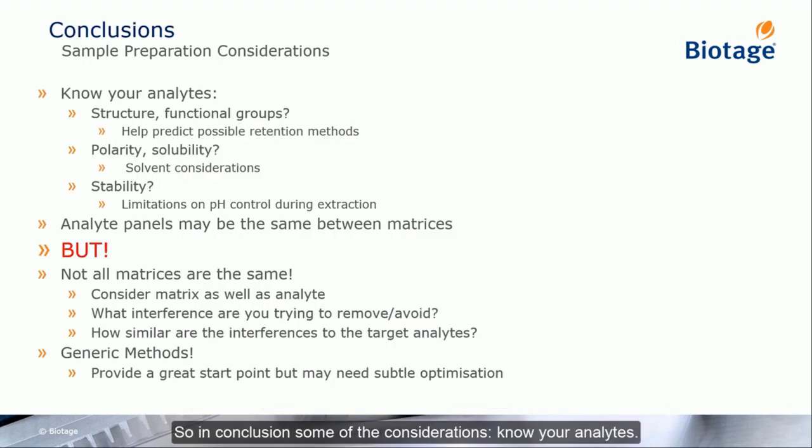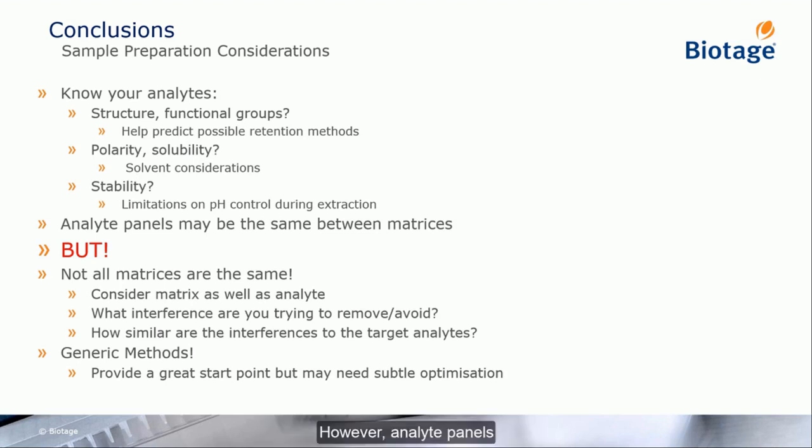So in conclusion, some of the considerations: know your analytes. Obviously structures, functional groups are very, very important, helps predict possible retention methods. Polarities and solubilities for solvent considerations, and stability for pH control. However, analyte panels may be the same between matrices.